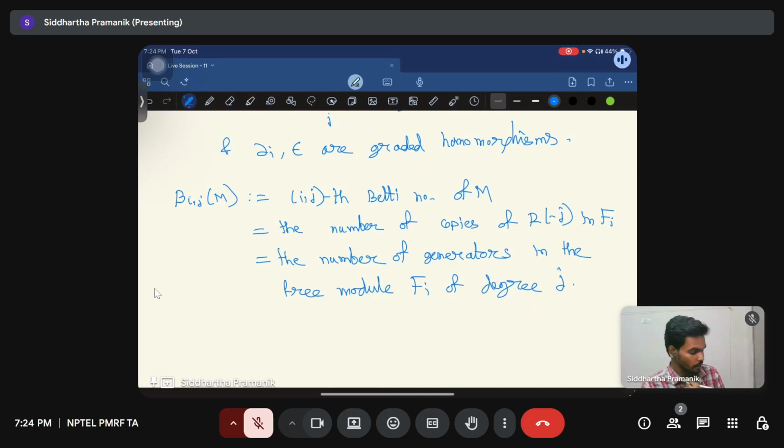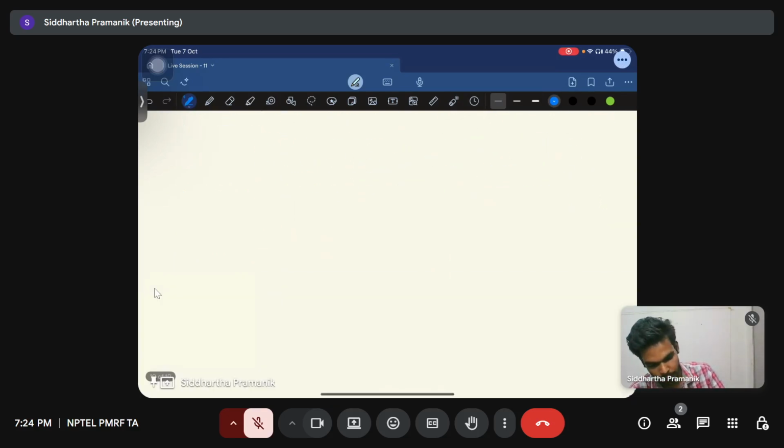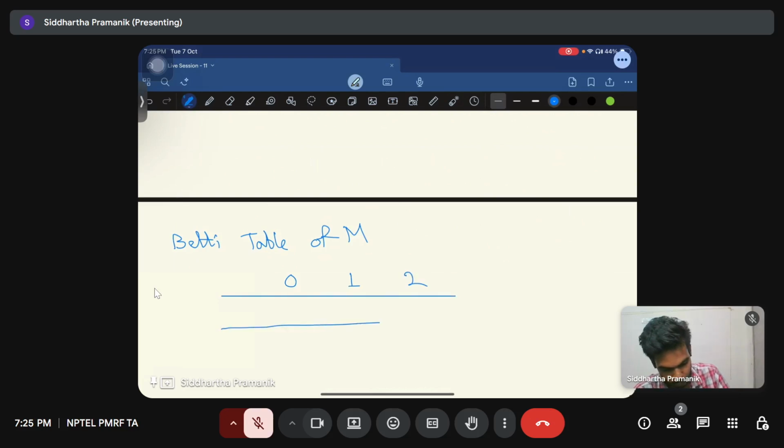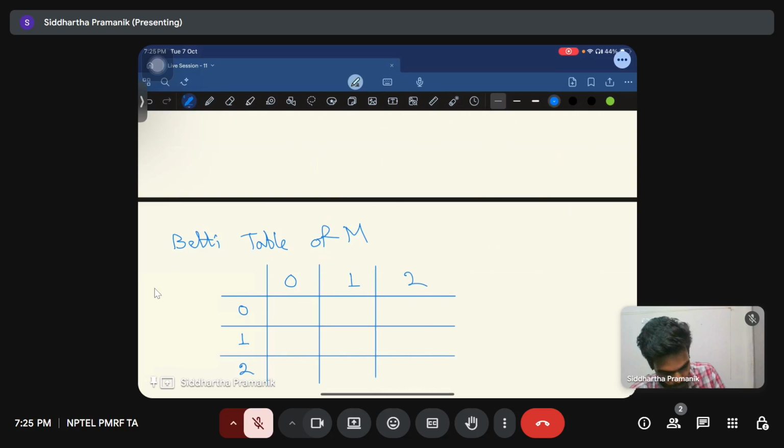So this is the i comma j Betti number of M. Now using these numbers, one creates a table which is known as Betti table of M. So if you take 0, 1, 2, again you take 0, 1, 2, here you have the number of rows and here the number of columns.